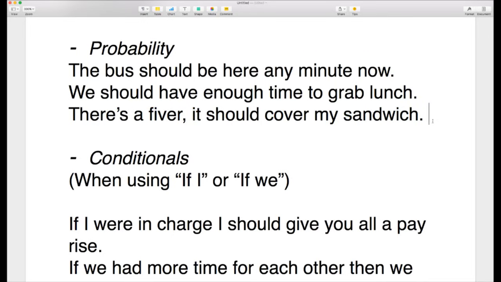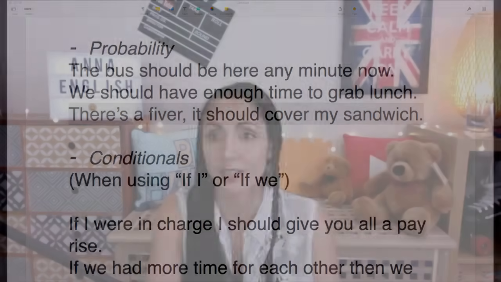And also the other example is, there's a fiver. So I've given you a fiver. If you don't know, a fiver is a £5 note. There's a fiver. It should cover my sandwich. So imagine that you are going out to lunch. I can't leave the office. And you say to me, Anna, do you need me to buy you anything from the sandwich shop? And I say, yes, please. Could you buy me a cheese and pickle sandwich, please?